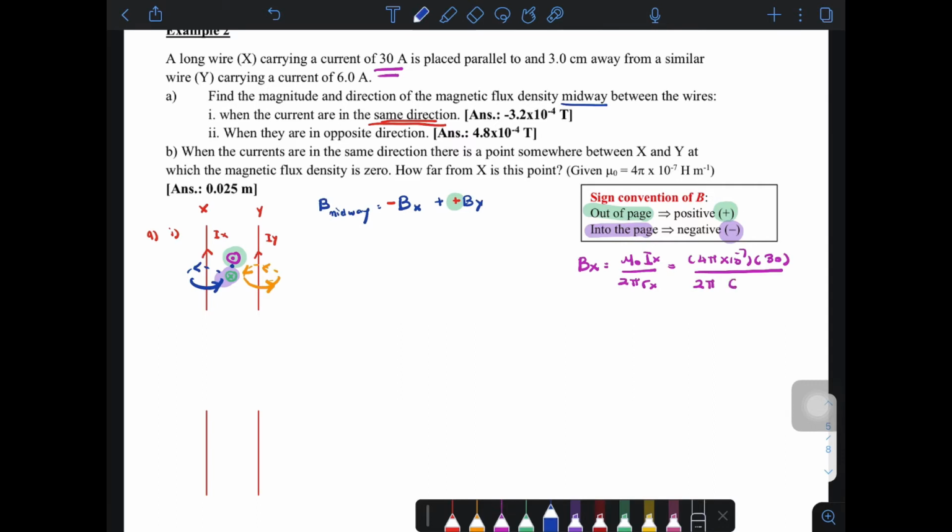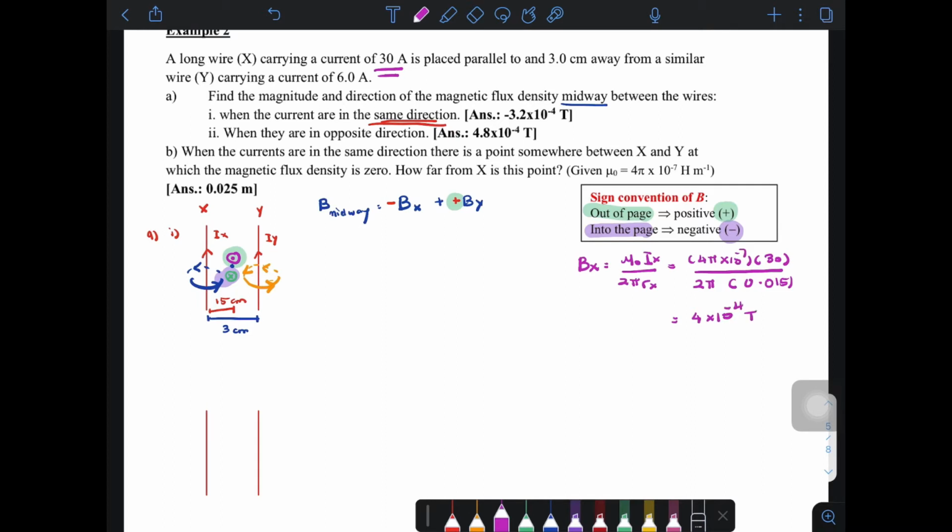So from X pergi ke Y, jaraknya ialah 3 cm. So kalau dia kata midway, midway maksudnya separuh jalan, dia akan jadi 1.5 cm. So kita punya R ialah daripada wire pergi ke point, which is 1.5 cm. We need to change into the SI unit. Kita akan dapat 0.015 meter. So B untuk X kita kira kita akan dapat 4 exponent negative 4 Tesla.